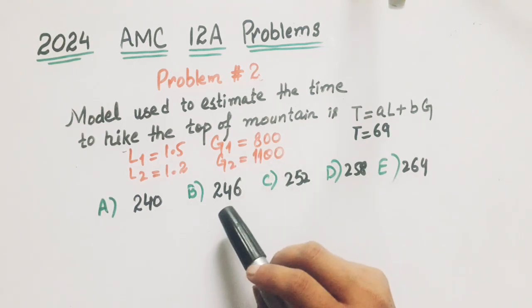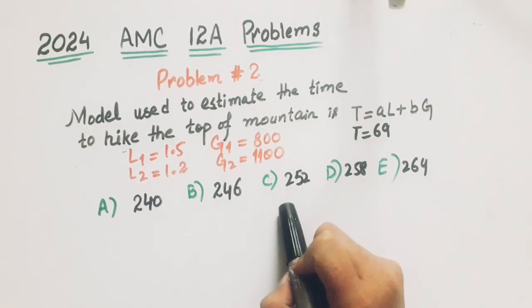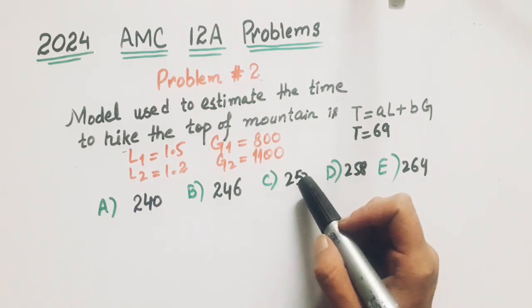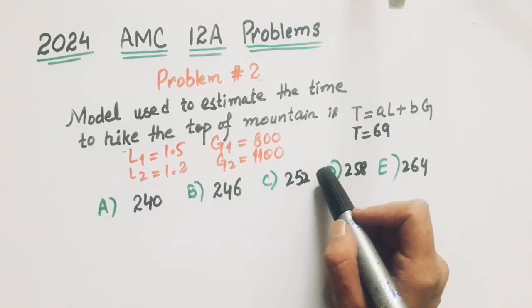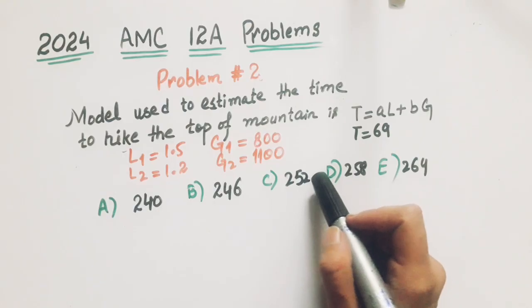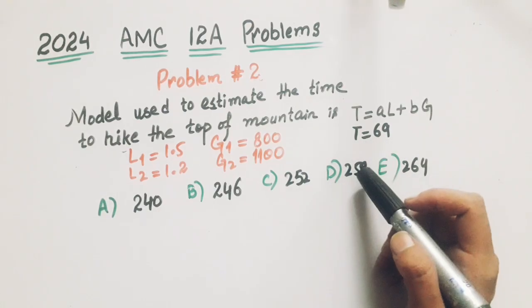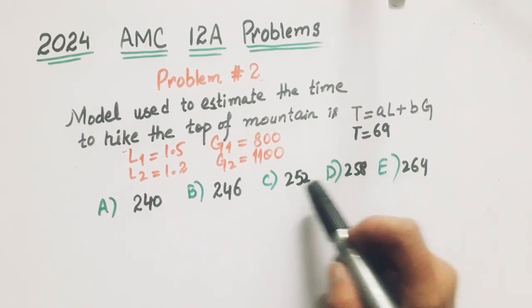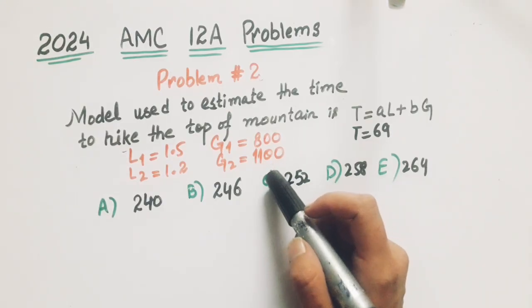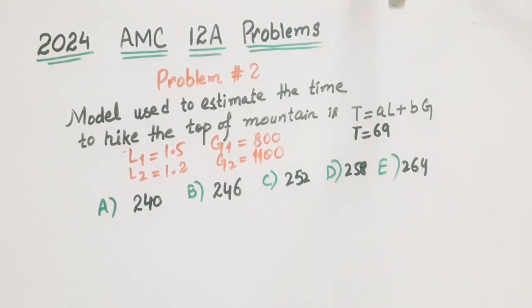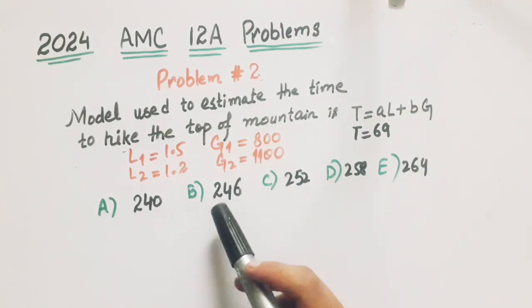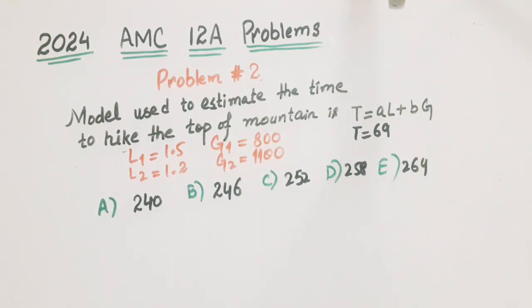How many minutes does the model estimate it will take to hike to the top of a trail that is 4.2 miles long and ascends 4000 feet? You have to find the value of time. The options are 240, 246, 252, 258 and 264.